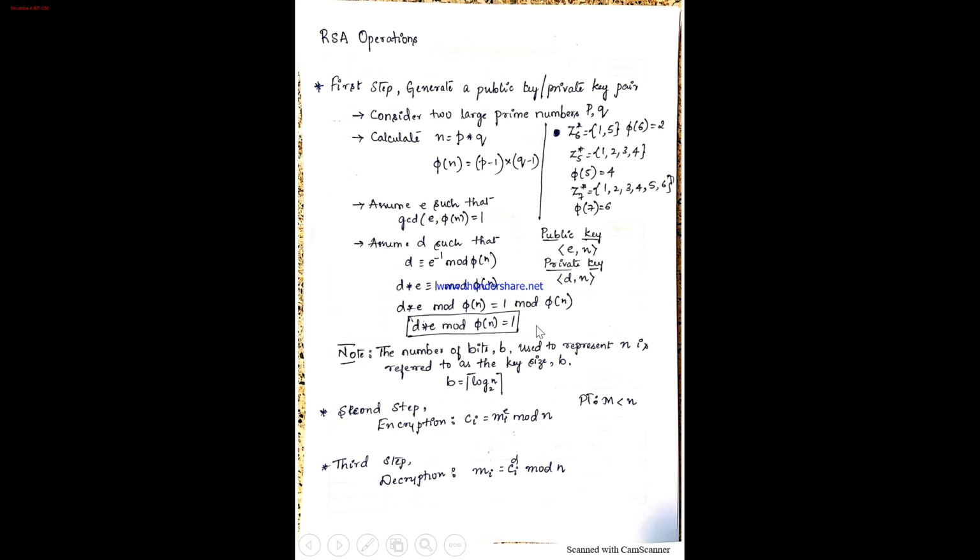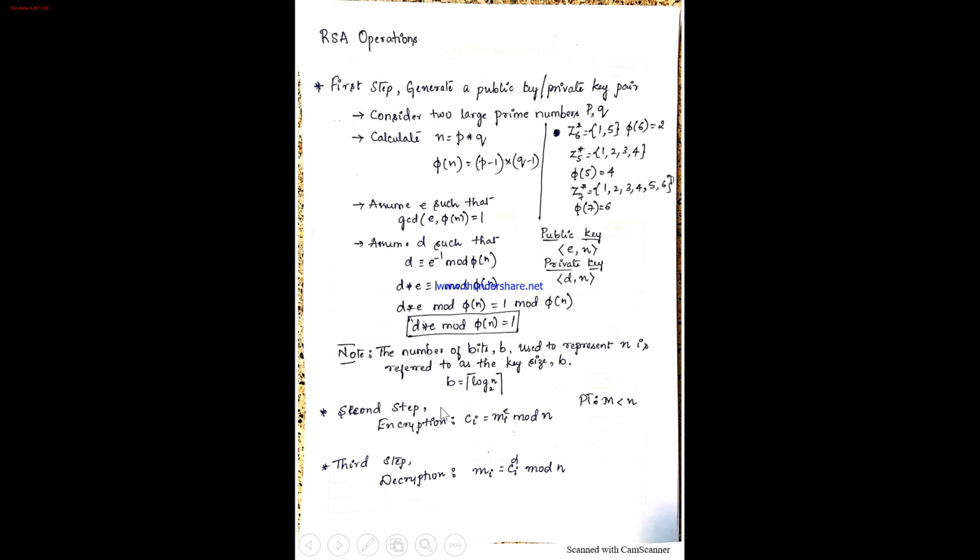In the meantime you need to remember two important things. First, the message we are working with should always be less than n. That is one of the restrictions in RSA; it is always good to have the value of m less than the value of n.